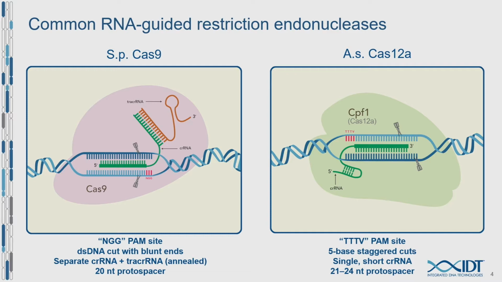These make a blunt double-stranded break upstream of an NGG protospacer, whereas Cas12a is a single RNA that recognizes a TTTV site. So they both make double-stranded breaks, both guided by RNA, recognize different areas in the genome. And so we've really focused our efforts on developing tools to support both of these nucleases.